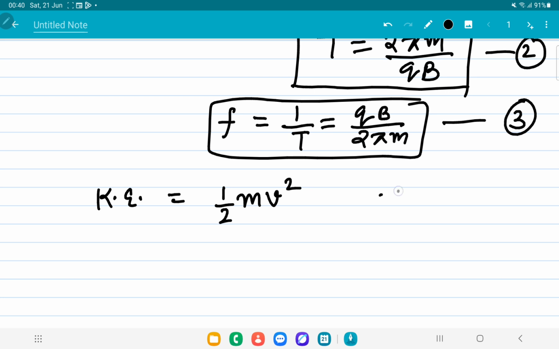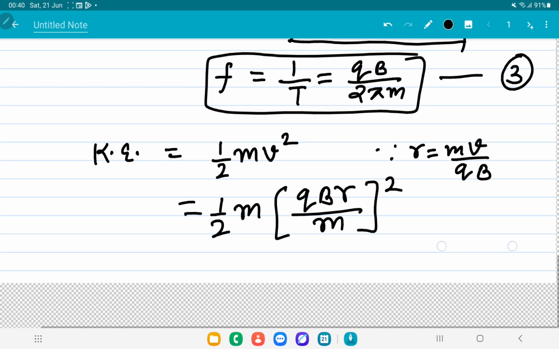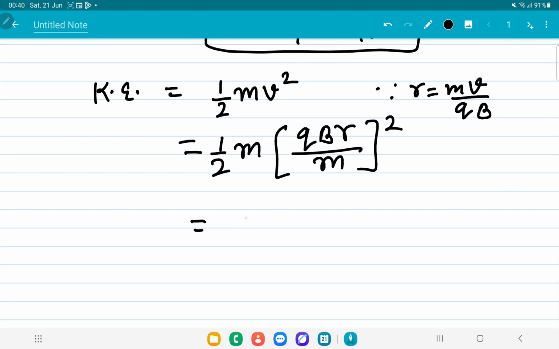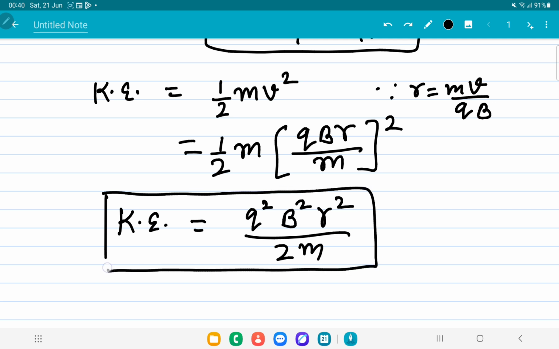As we have already proved that r is equal to mv upon qB, so in place of v, I can easily substitute qBr over m whole square. And if I open the bracket and cancel out the terms, then my answer will be this. So the kinetic energy of the charged particle in the magnetic field will be given by q square B square r square by 2m.